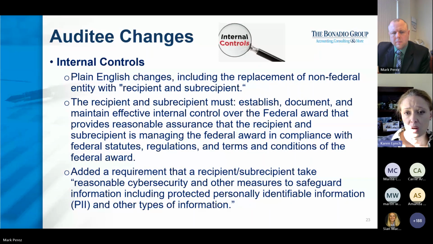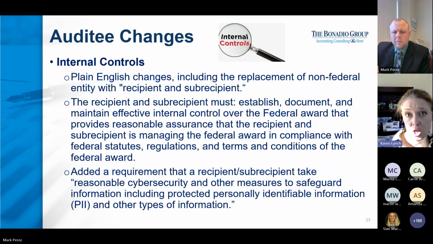It does say, though, that both the recipient and subrecipient must document and maintain effective internal controls so that you can manage the federal award in compliance with federal statutes and regulations. The third bullet here is where I really want to bring your attention, as there now are numerous references within the guidance to reasonable cybersecurity and other measures to safeguard information, including PII and other types of information.